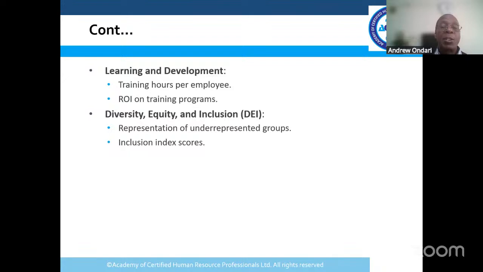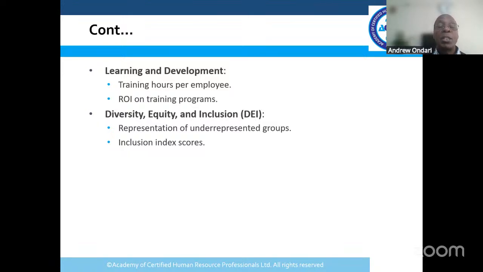Then you can get the total number of hours. For example, I guess CMA in your organization, you have a training program. This training program identifies who is eligible for what training, the duration, and the budget.